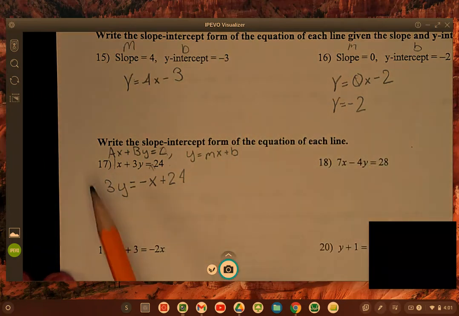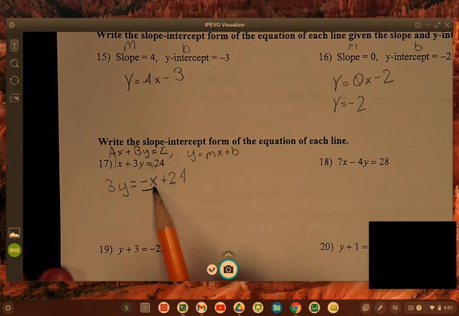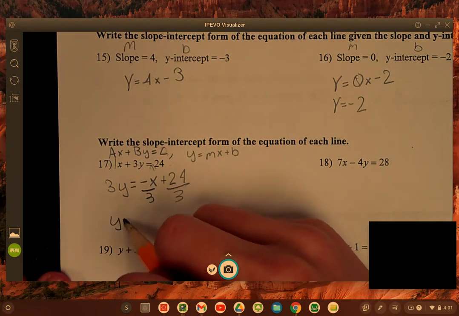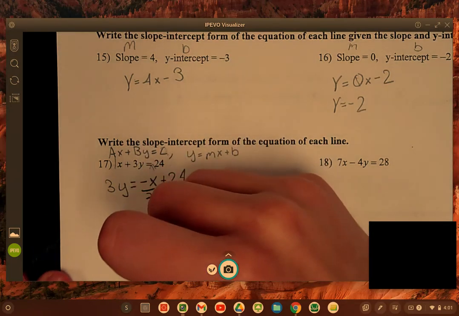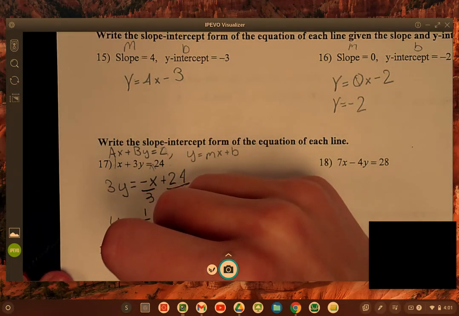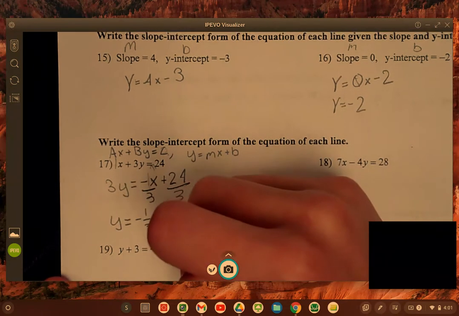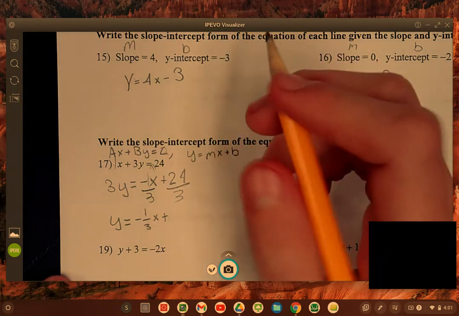And then we're going to have to divide by 3 on both sides. So that will leave us with y equals negative 1/3 x, because there's just an invisible 1 right here, plus 24 divided by 3, and that's 8.